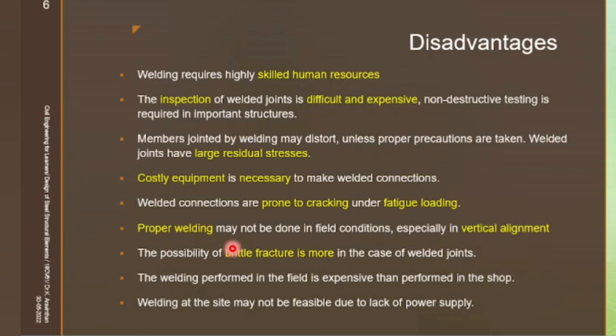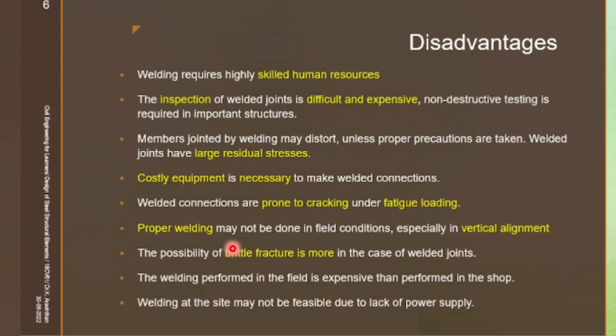Shop welds are very easy. Why? Because if you are making any member and connections, all the material will be at your eyesight and below the eyesight. If you want to weld any member which has already been placed, you have to do vertical welding. Vertical welding is very tough. You will be using the material and the spark will be coming around. You have to look into that properly.